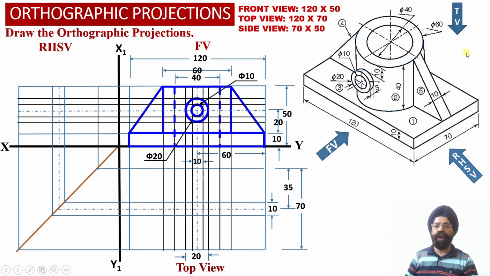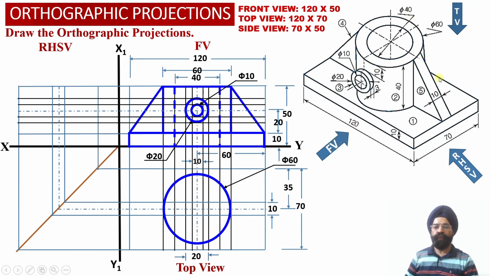Next we have the outer portion of this hollow cylinder, whose diameter is equal to 60 millimeter. We take this center point using a radius equal to 30 millimeter and draw a circle having a diameter equal to 60 millimeter, which denotes the true shape of the outer portion of this hollow cylinder.